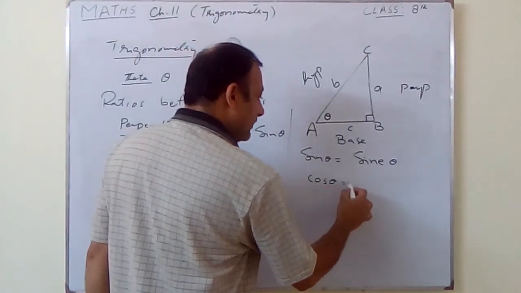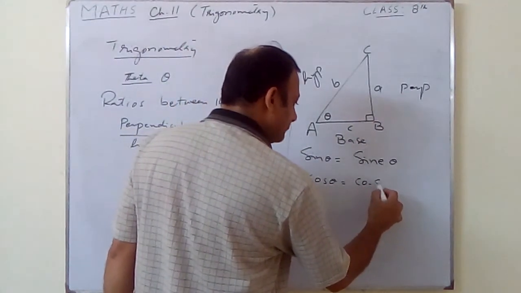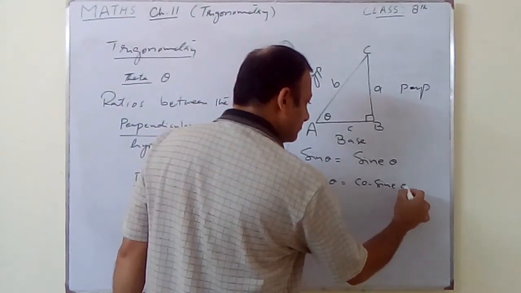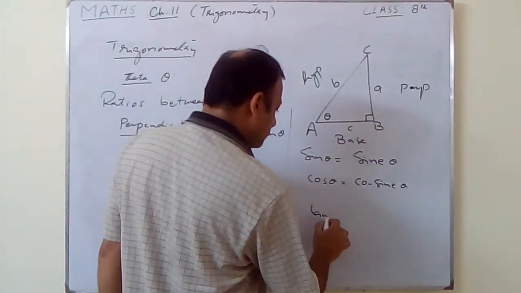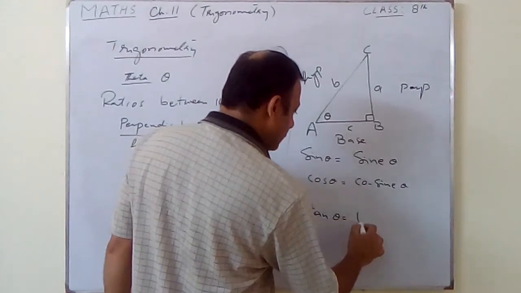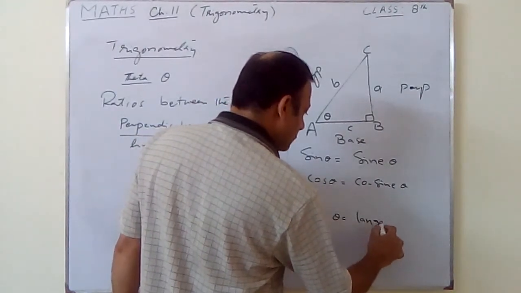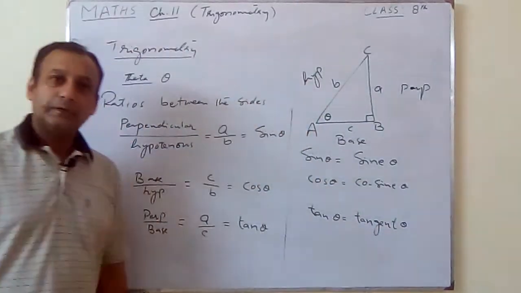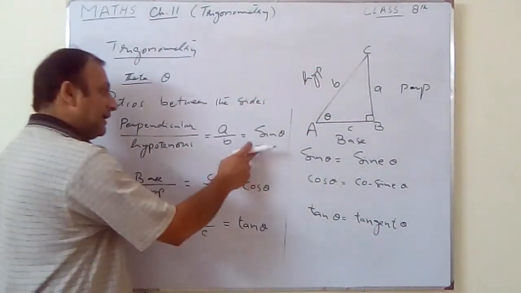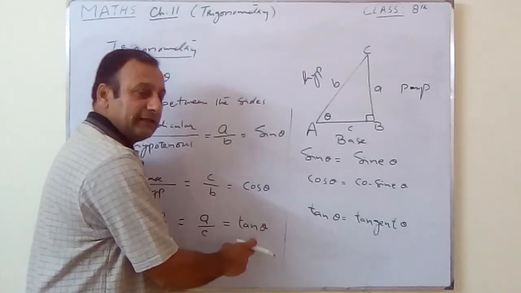Cos theta is basically cosine. Tan is basically tangent theta. So sin theta, cos theta, tan theta.